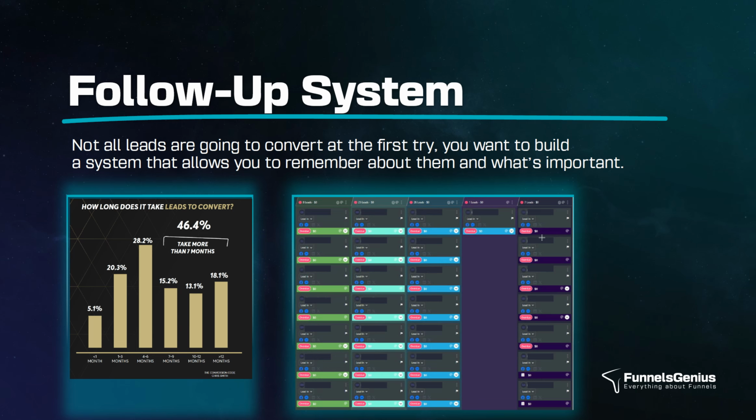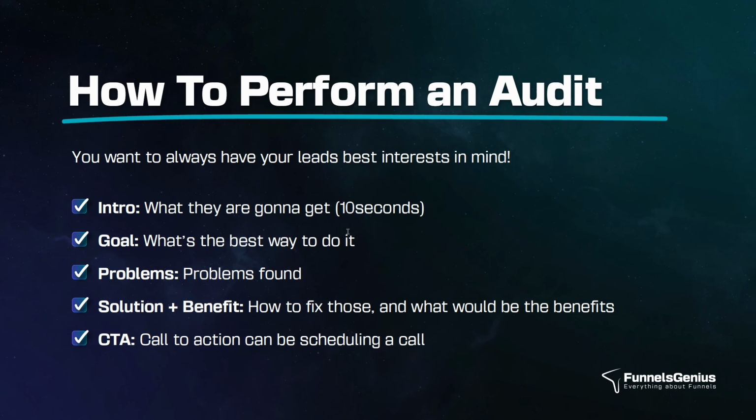But yeah. So this is how to perform an audit. You want to do a video where you do all these things: the intro, the goal, what's the best way to do it. So for example, if you notice that they have a problem, you want to understand their goal. So you share with them, hey, this is usually what works in 2024 and how to make it happen.